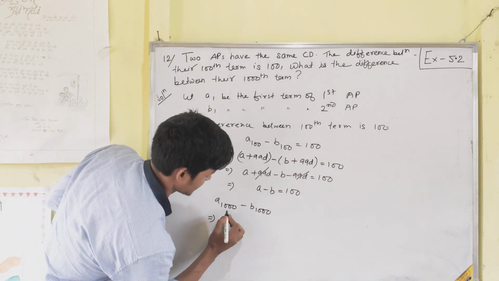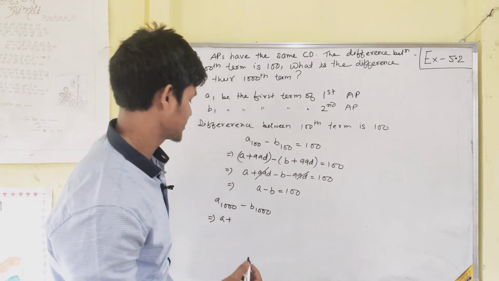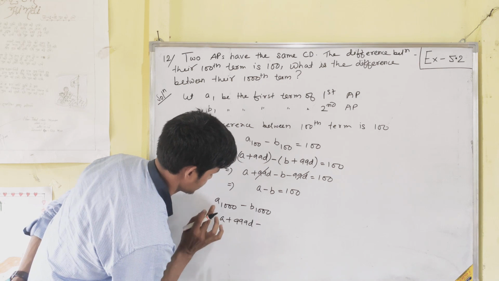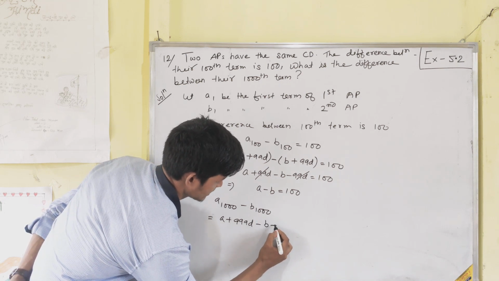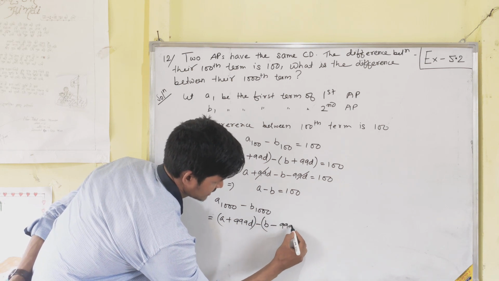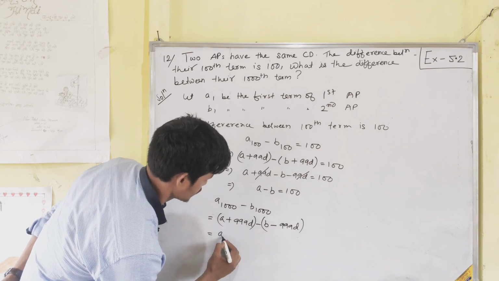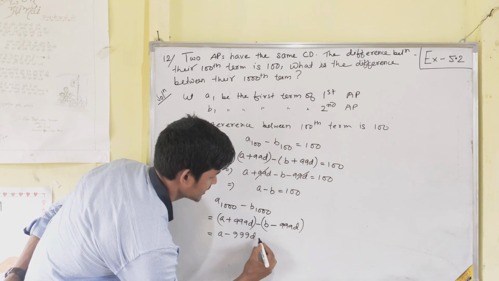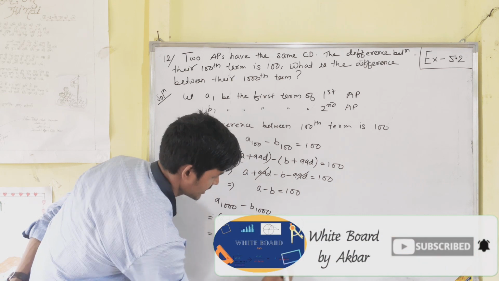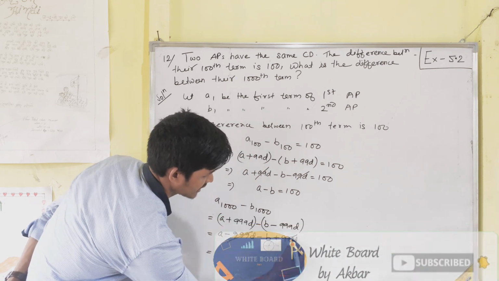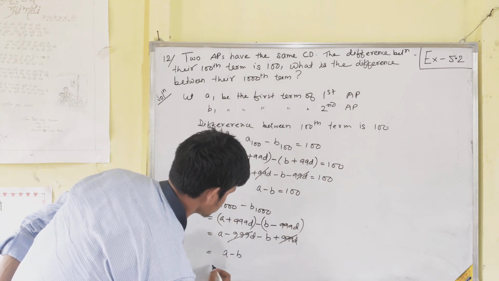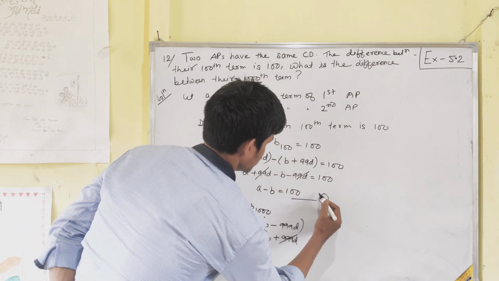So a plus, here 1000 minus 1 is 999d, minus b minus 999d. So plus 999d minus 999d will be cancelled, and you get only a minus b, and a minus b equals 100.